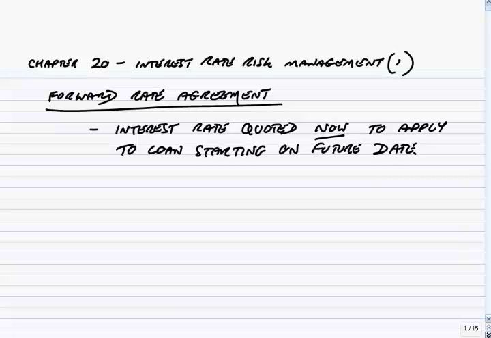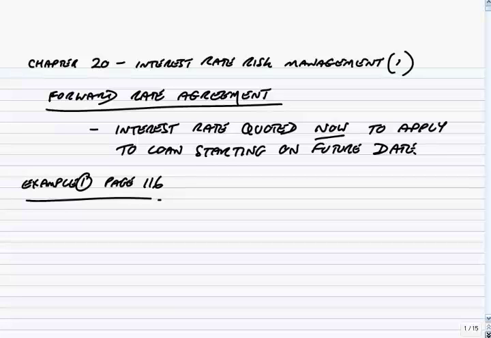And let me show you what I mean with hopefully a very easy example. If you look at example 1 on page 116. It says it's now the 1st of June, so today is the 1st of June. XPLC will need a fixed interest rate loan of £500,000 for 9 months, starting on the 1st of September.